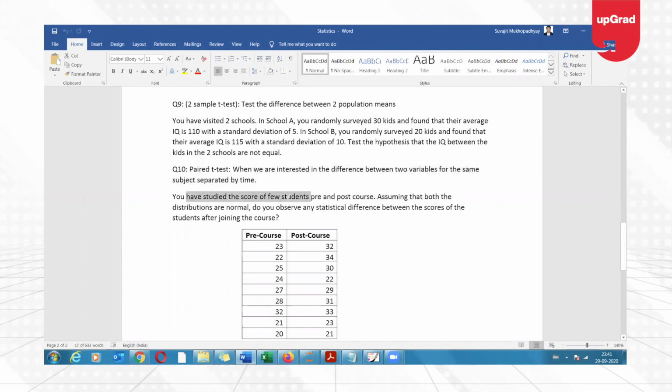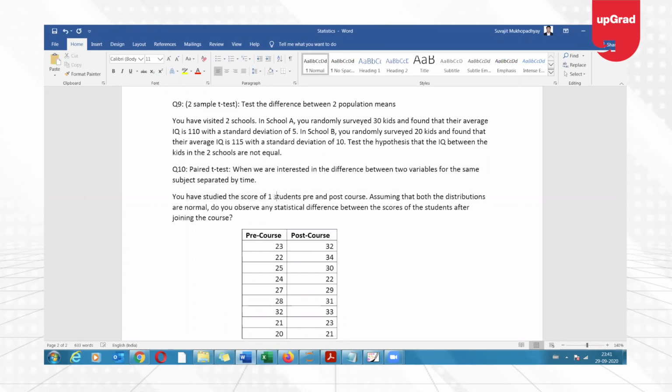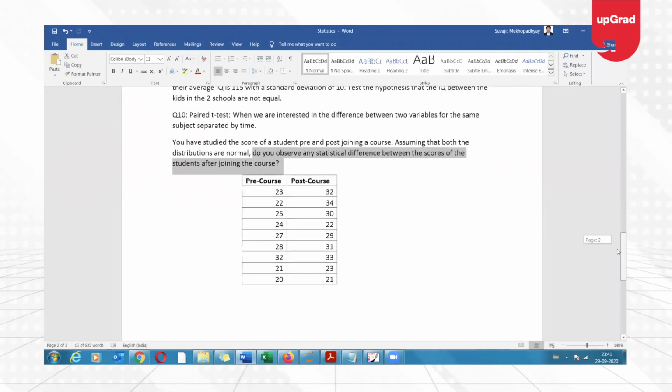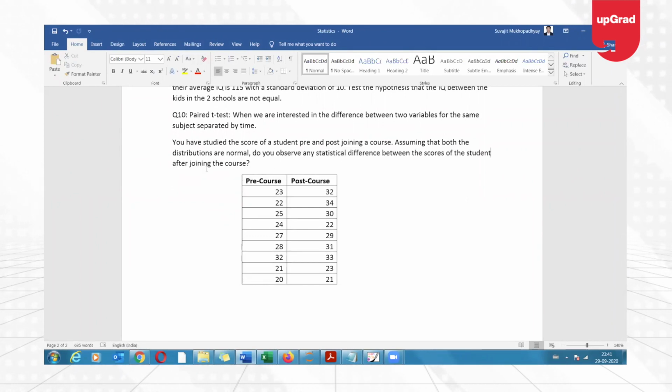Suppose you have studied the score of a student pre and post joining a course, assuming that the data is normal, both pre-course and post-course. The question is, do you observe any statistical difference between the scores of the student after joining the course? Which means, did joining the course help the student or not?